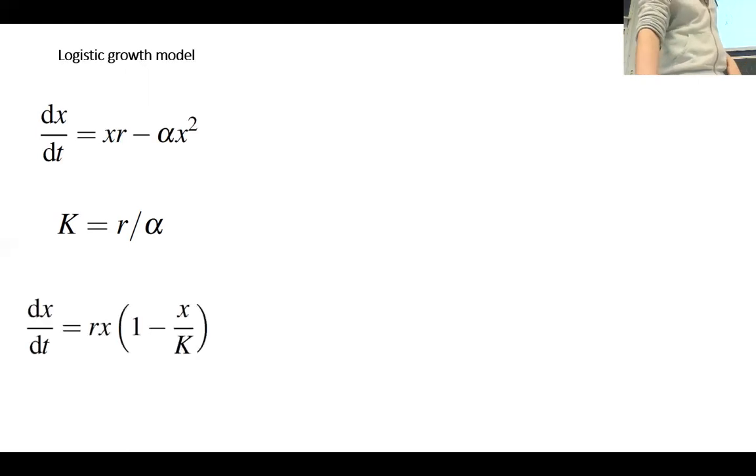Okay. And you can, of course, also represent this by taking x into parentheses and substituting this variable to remove alpha here. So we get into this equation.